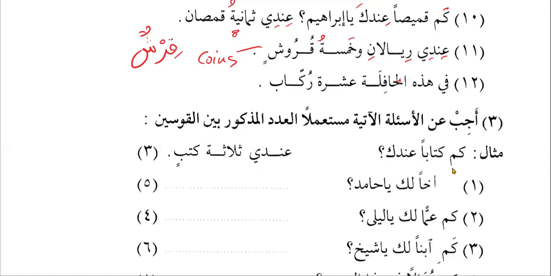طيب عبد القيوم تفضل. في هذه الحافلة 10 ركاب. نعم. ركاب is the plural of راكب, which literally means a rider, and in this case it means passenger. نعم. تفضل ما معنى الجملة؟ In this bus there are 10 passengers. نعم.